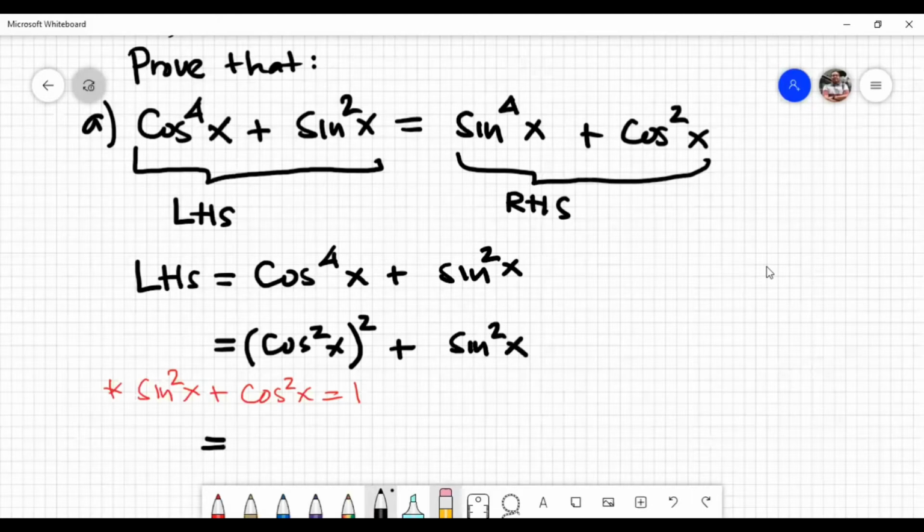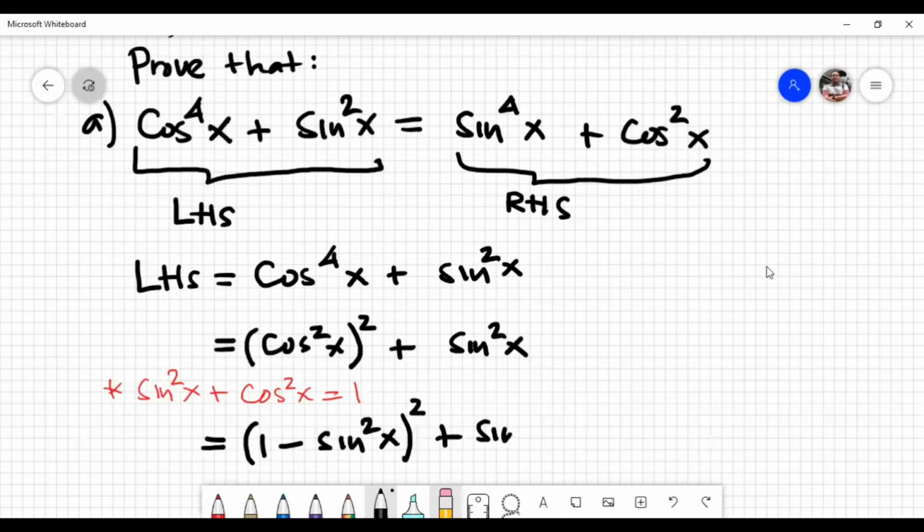So cosine square x, if you notice this basic trigonometric identity formula, what will we have? 1 minus sine square x. Don't forget the square outside of the bracket plus sine square x.